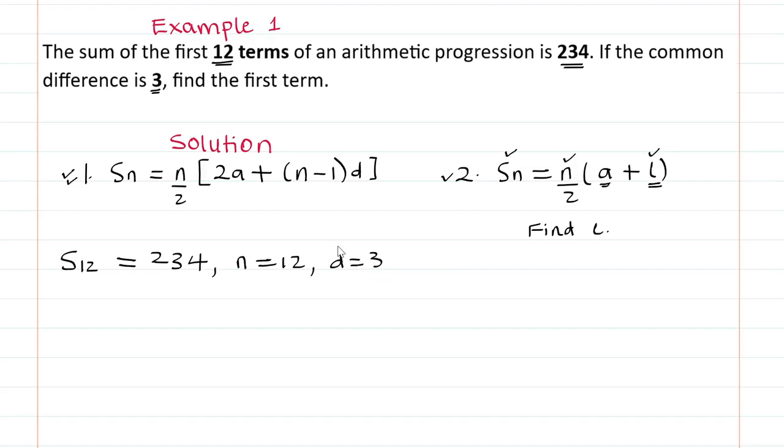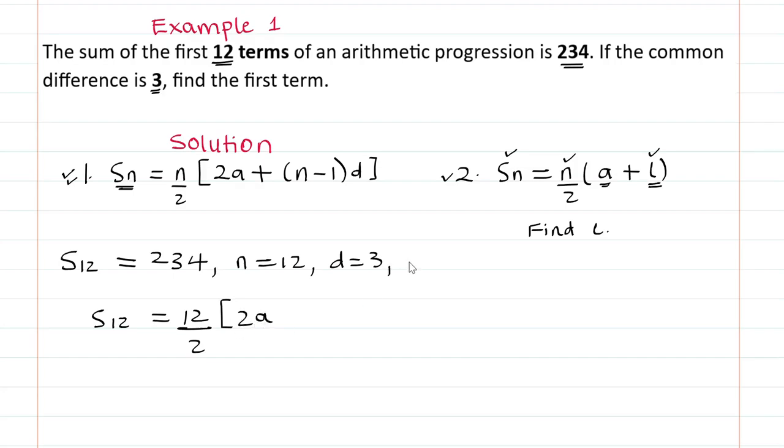Remember, the first example always takes time because it is for laying the foundation. So this is the information we have. We simply need to substitute all these into this formula and then we find a. So the formula says the sum of n terms, that means our S12, equals n over 2, where n is the number of terms, which is 12, into 2 times a.